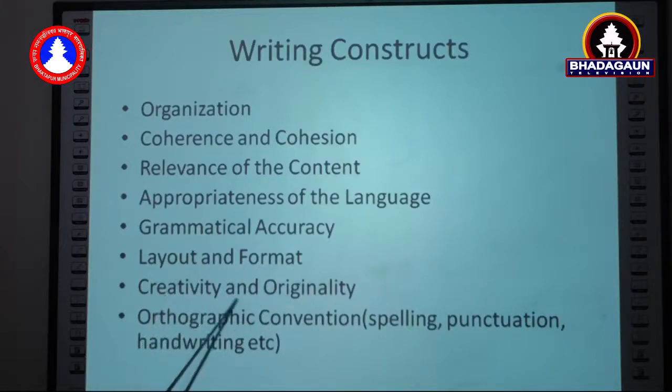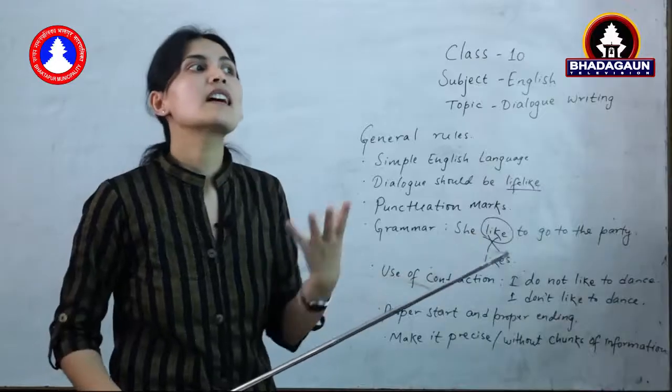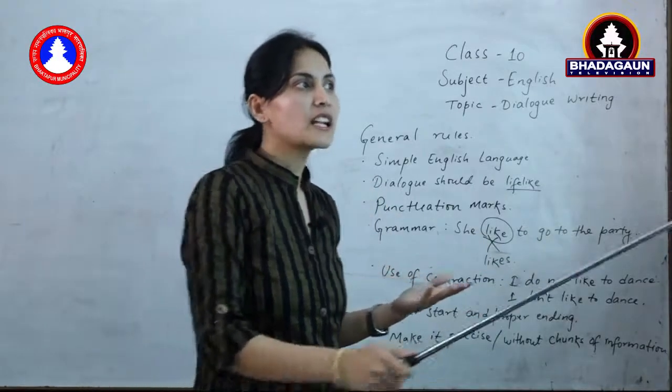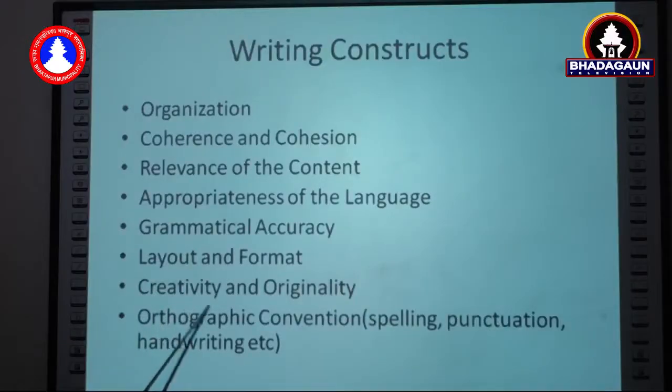And creativity and originality. You must be creative to write the dialogue, and the reader must sense that it is your original creation. You have not copied anything, it's your original idea. Such feelings should be sensed by the reader. So you have to focus on creativity and originality.